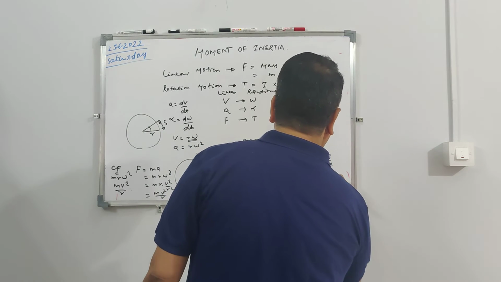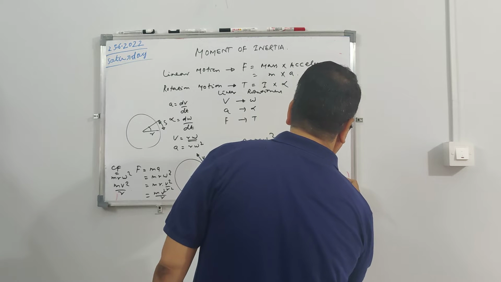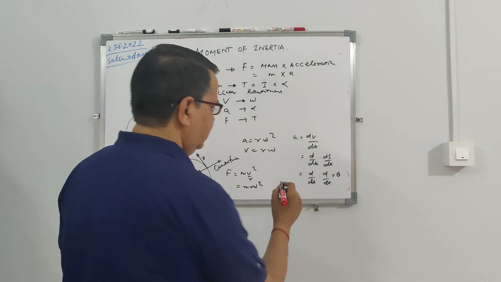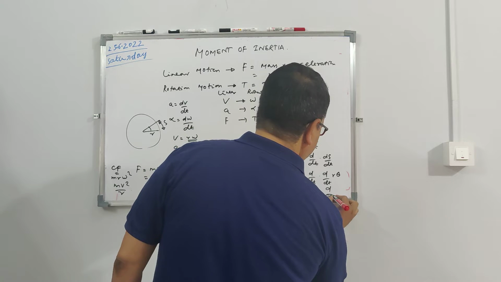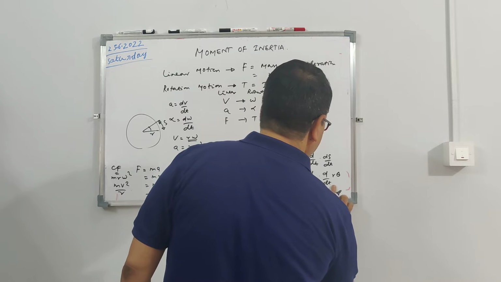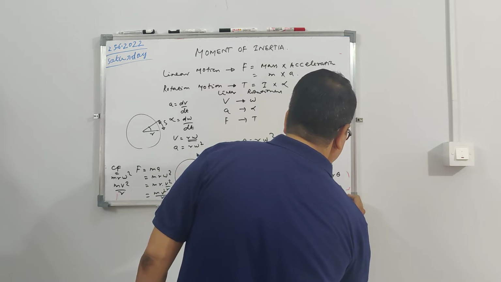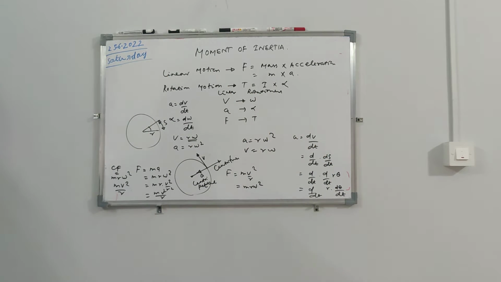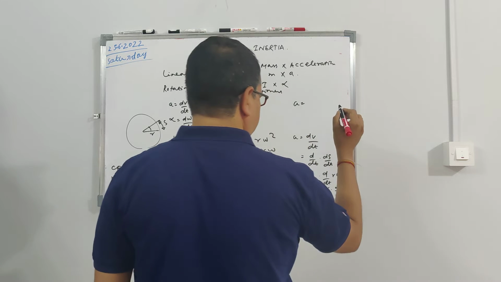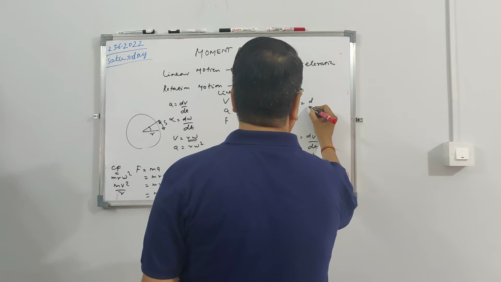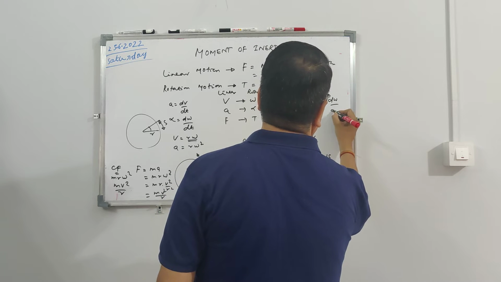So v is d by dt of r theta, which becomes r omega, r into d theta by dt. So the acceleration becomes d by dt of r omega, that is r d omega by dt.